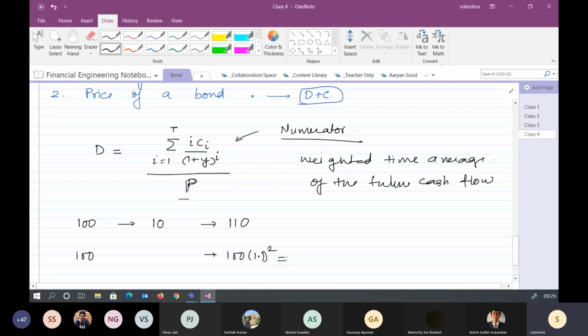So this amount would be how much? It's 121, I guess, right? Yes, sir. Okay. Let's say this is bond A and this is bond B. This is equivalent because from the 2 years perspective, both of them are giving me 10% return. Yes, sir.